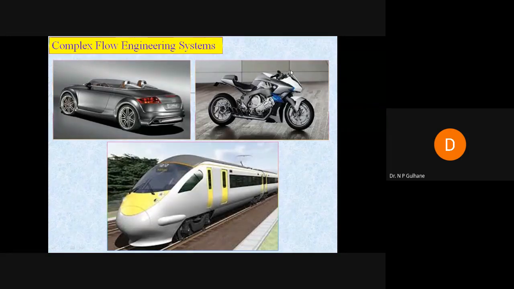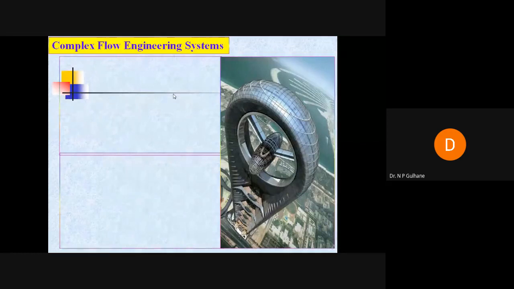It is not only for looks. Look is your first aspect. The second aspect is to reduce the drag, reduce the friction, so that you get less fuel consumption, more power and high speed with less resistance of the flow. This is the logic behind it, and this is possible only with the application of computational fluid dynamics for such types of vehicles.